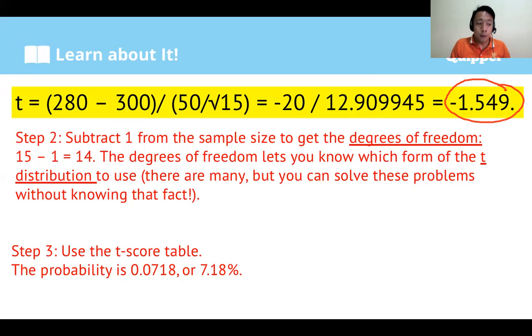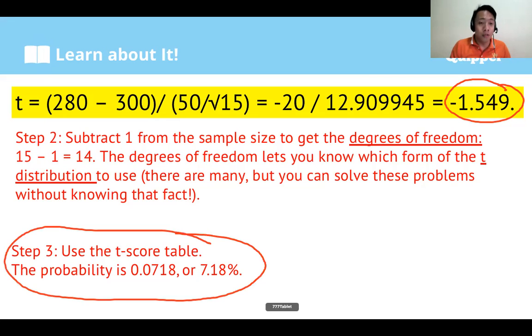Kakasabi ko lang kanina, okay? This is just our first step. So ang second step natin, since our question is about the probability, kakaroon tayo ng 3 steps. Yung second step natin, it will include what we call degrees of freedom.